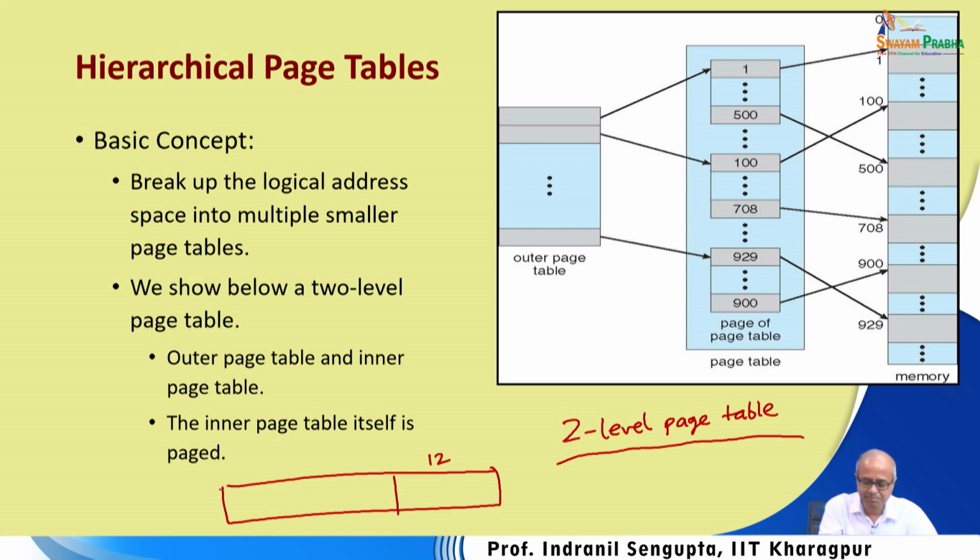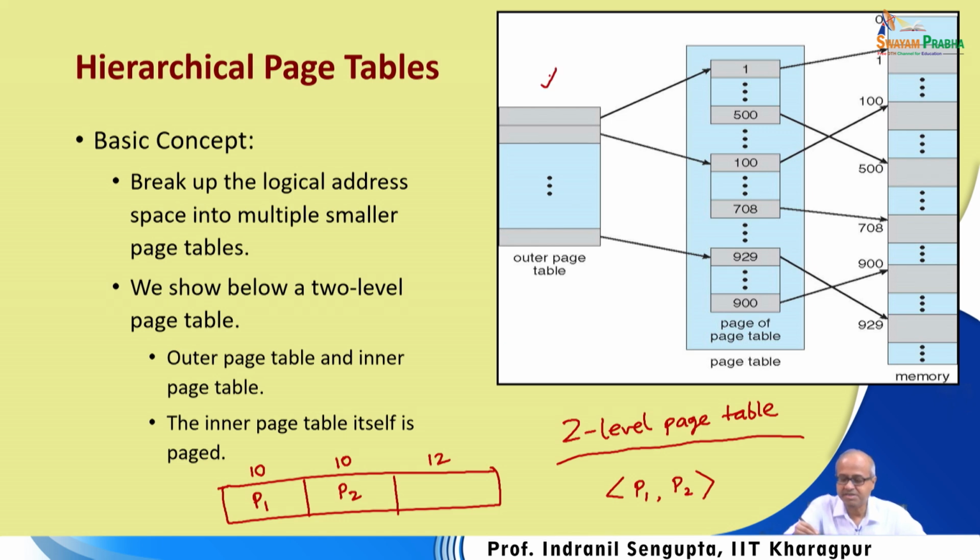Now, the page number part we are dividing again into 2 parts, let us say 10 and 10. This is the first level page table, let us call it P1, and the second level P2. These 2 page tables are called the outer page table and the inner page table. The idea is as follows: this page number we are dividing up into a 2-tuple P1 and P2.